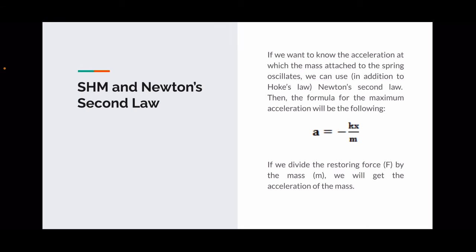In simple terms, if we divide the restoring force by the mass, we will get the acceleration. So in the formula, a means acceleration, kx is the force, and m is the mass. The units of this equation are meters per second.